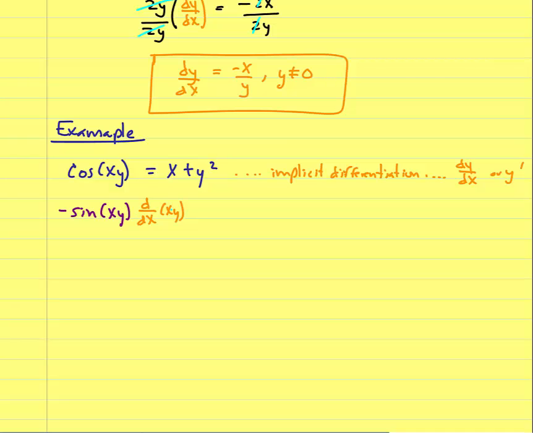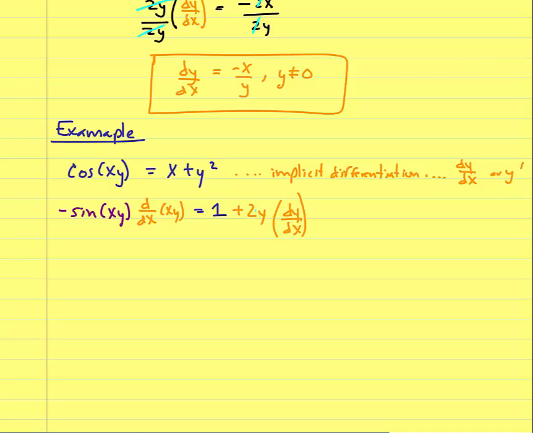Now I haven't taken my derivative yet, I'm just setting things up so far. And on the right hand side, the derivative of x is 1, and the derivative of y squared is 2y dy/dx. Because I took the derivative of y with respect to x, dy/dx.